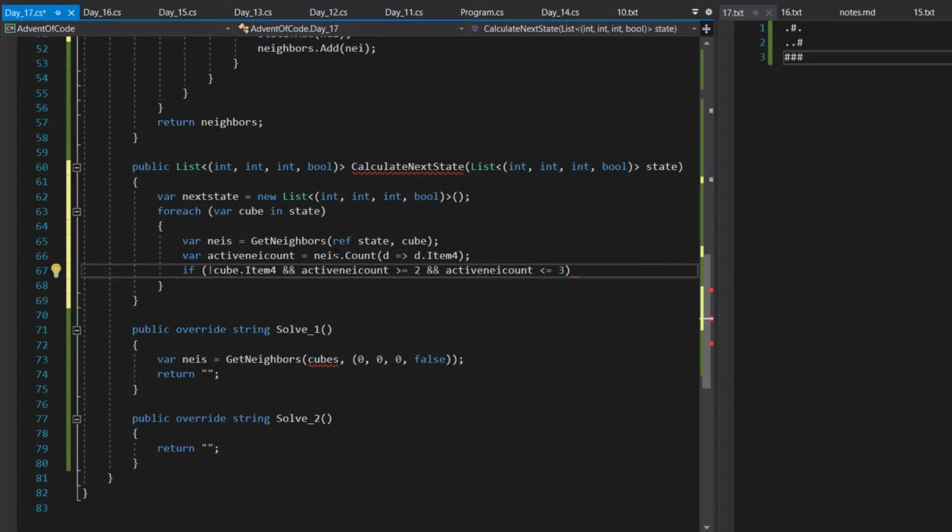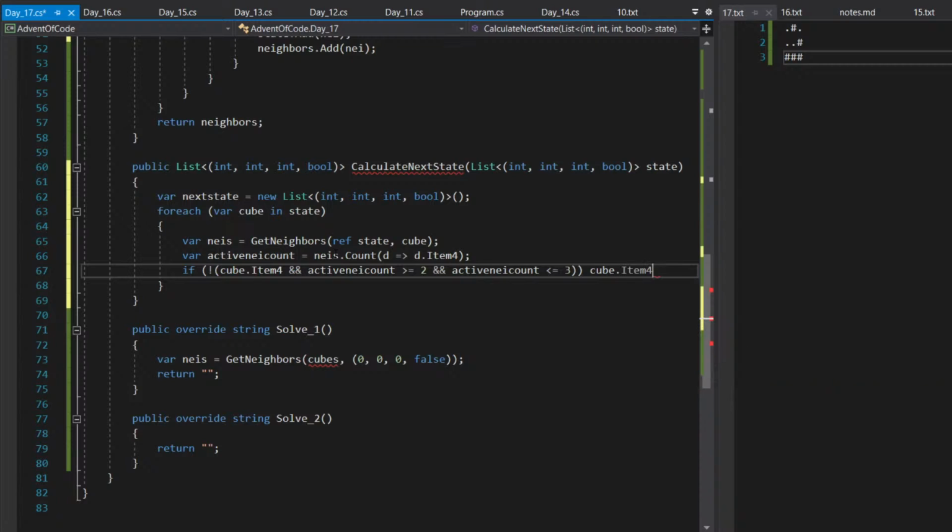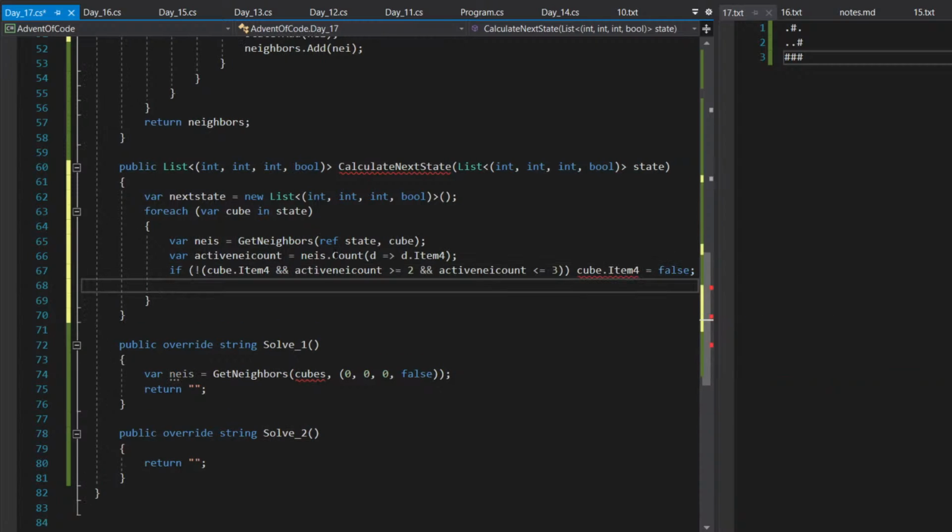Oh, I guess we need to invalidate this. So if this is not true, then cube, yeah, we can't set the value.